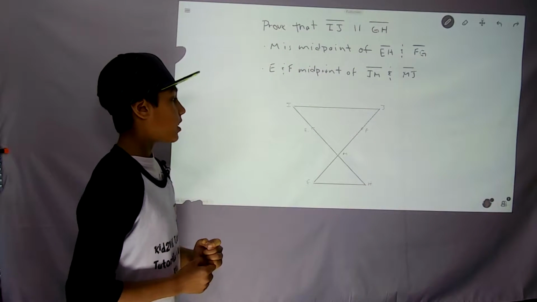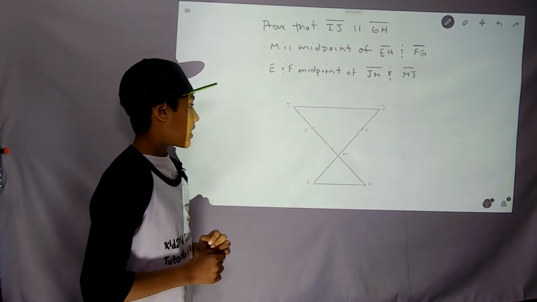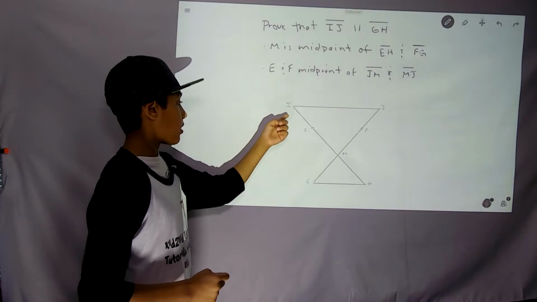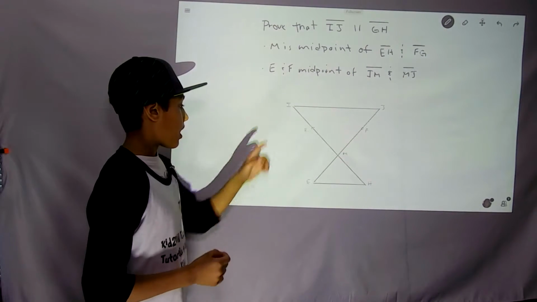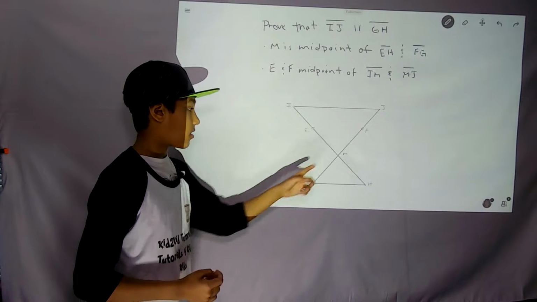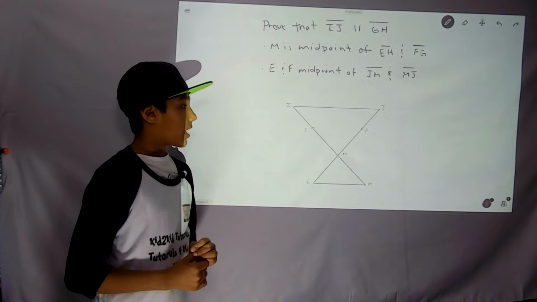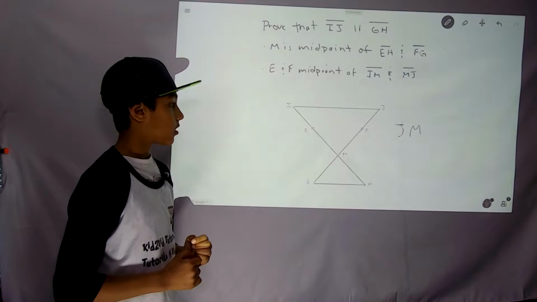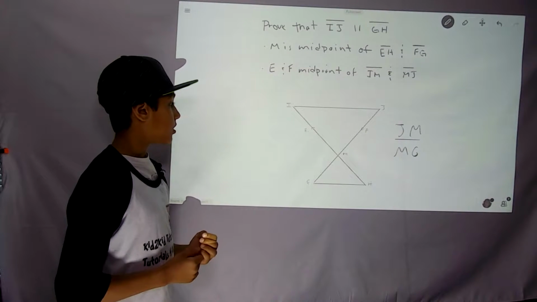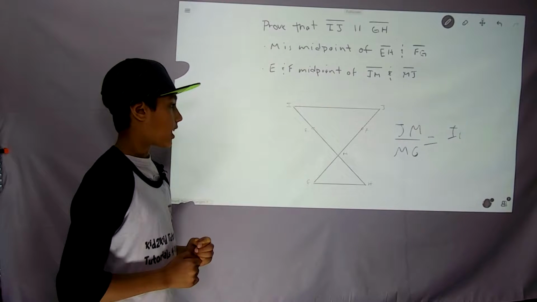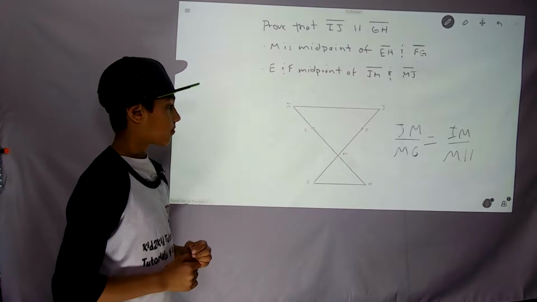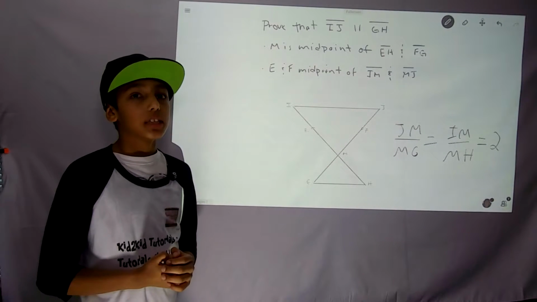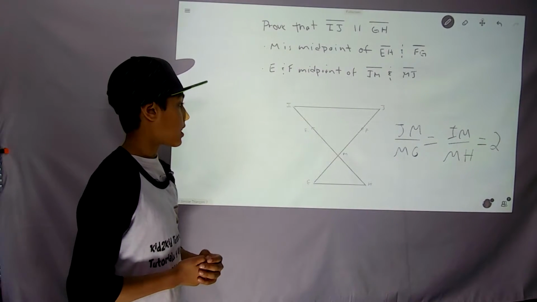So JM corresponds to MG, and similarly IM corresponds to MH. So we can write JM divided by MG is equal to IM divided by MH, which is equal to 2, because a midpoint shows half of the line.